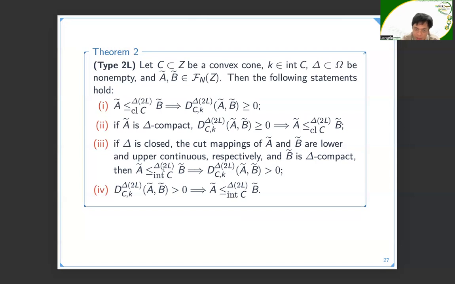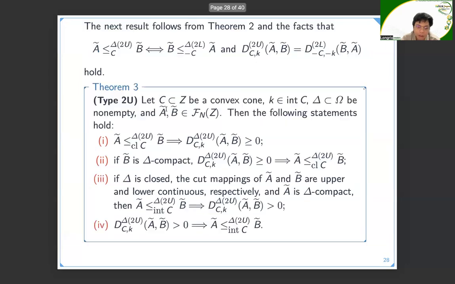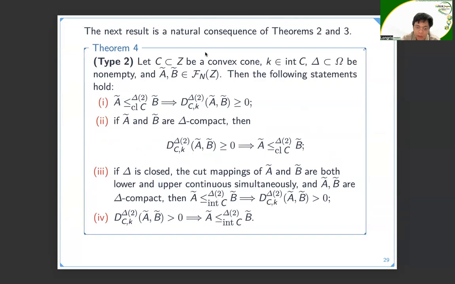For the strict type, okay, we have this interior and the positive difference evaluation function value, and the converse is true. Combination of these two leads us to type 2U, and combination of 2L and 2U leads us to this type 2.